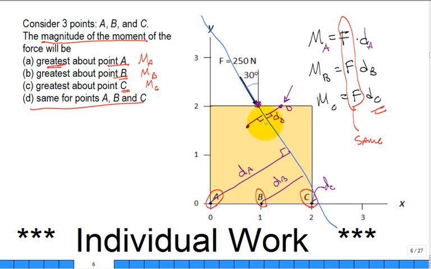And the way I've tried to sketch them, the length of this line is precisely the same as the length of that line, but let me not call it D and D, let me call it point D and point E. There's something different. Even if point D and point E have the same moment arm distance, there's something different about them. What is the difference? Which way it wants to rotate.